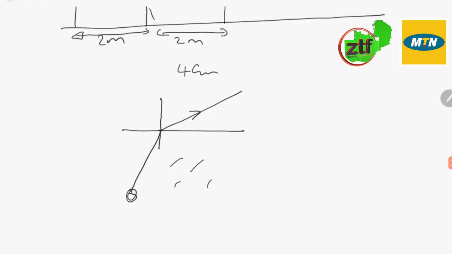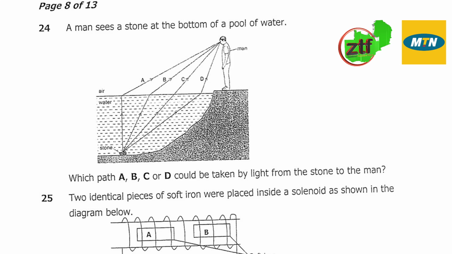So B agrees. C shows as if the ray will pass straight, and yet it is hitting the surface at an angle, so it's wrong. And D shows the ray of light bending towards the normal, which is not correct, because water is denser than air. We move on to question 25. So the correct answer is B.